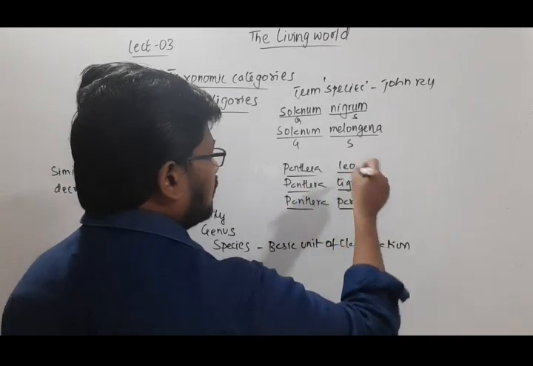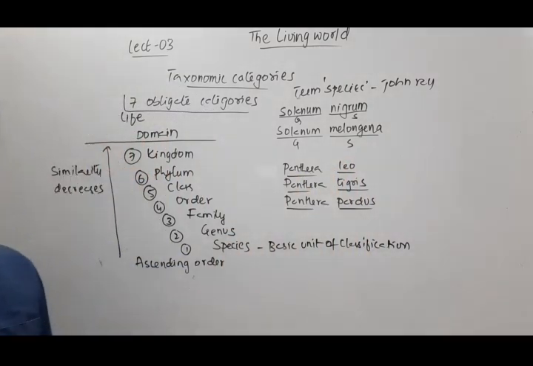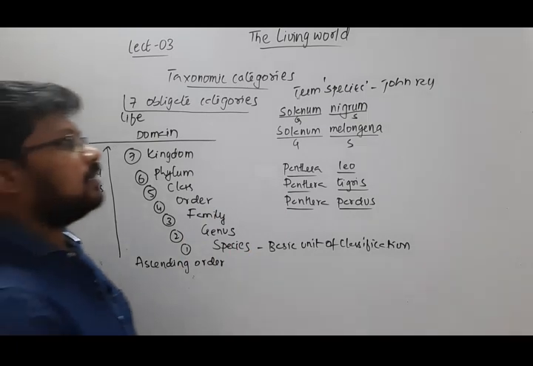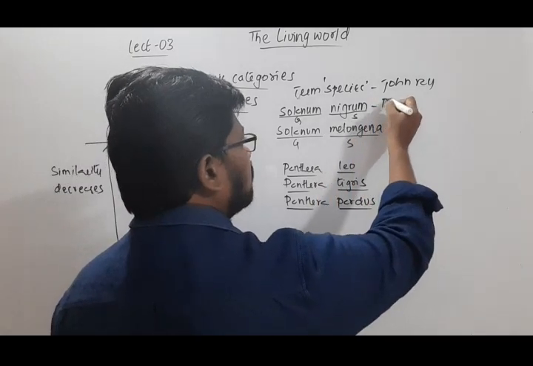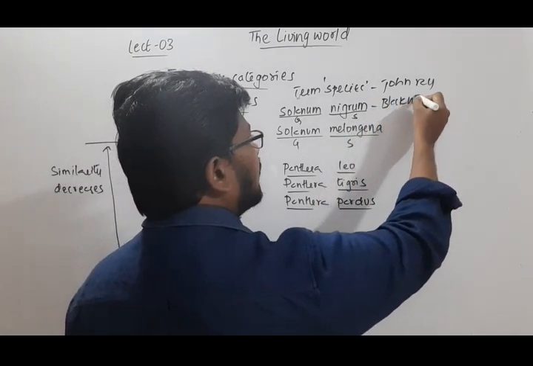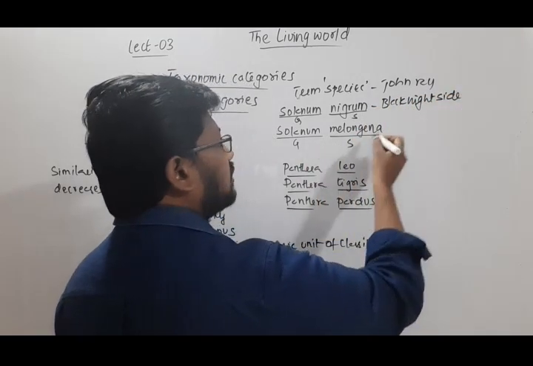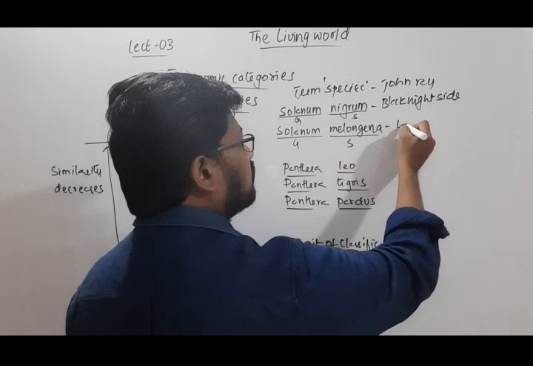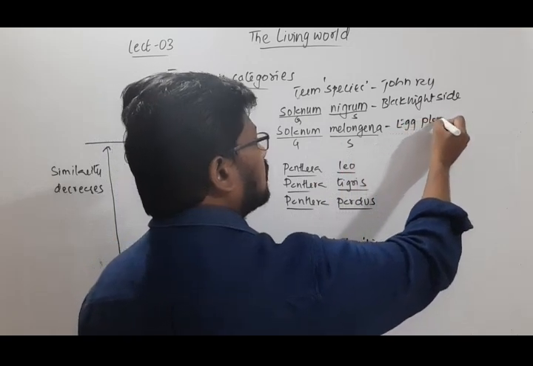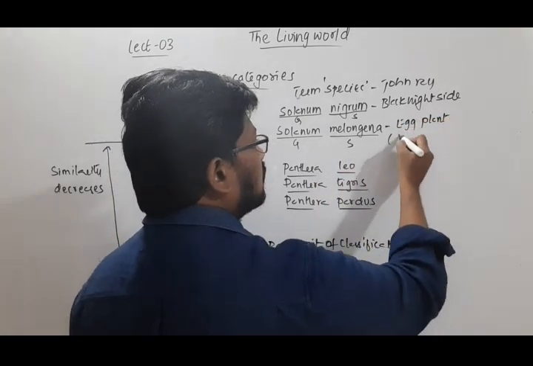Here leo, tigris, pardus are all similar species, so they are kept under one common genus. Solanum nigrum is the scientific name of black nightshade, whereas Solanum melongena is the scientific name of eggplant, which is called brinjal.